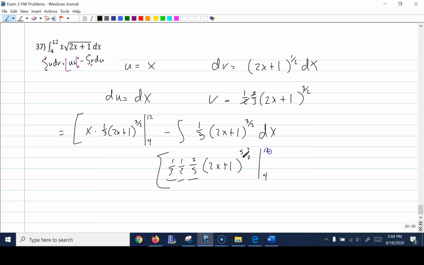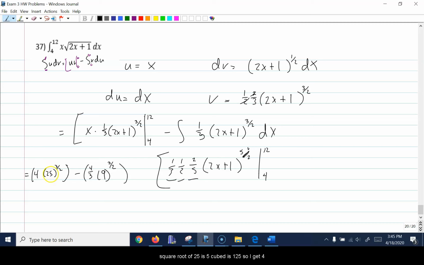What do I get when I plug 12 in here? I get 12 times 1/3, I'll do that part as 4, times 2 times 12 plus 1 is 25 to the 3/2. Minus, now plug in 4. I get 4 times 1/3 is 4/3. 2 times 4 plus 1 is 9 to the 3/2. 3/2 as an exponent means square root and cube it.